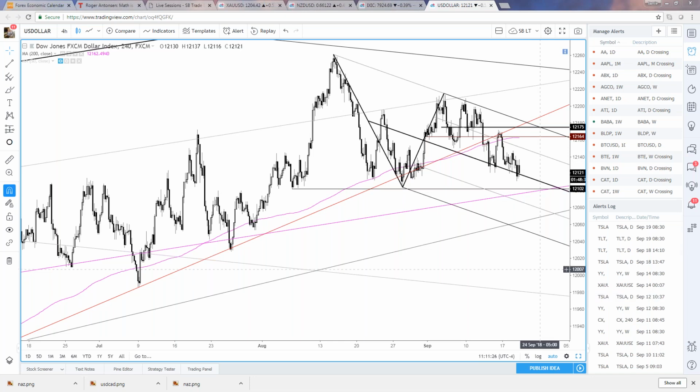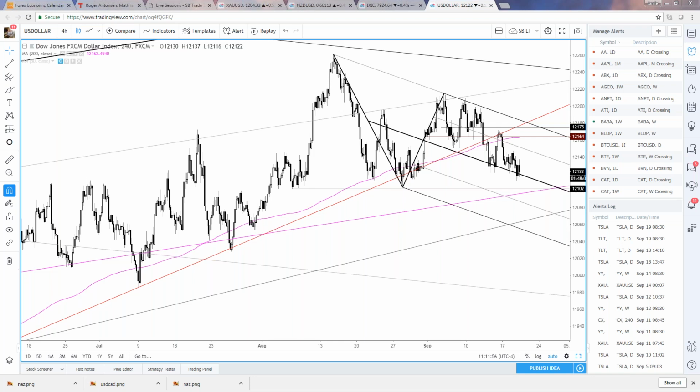It doesn't happen if you don't use stops, but people that don't use stops usually do fine for a while and then they end up going broke and not being in the trading game for very long, right? All it takes is one of those to go completely awry and you are out of the game. So that is something you have to remind yourself when you are diligent about your risk management and taking stops and whatnot. Look, you live to fight another day. That's the most important thing.